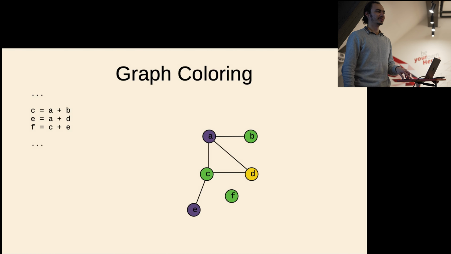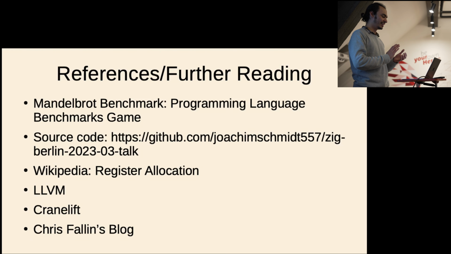This is only a basic overview of register allocation. There is much more. If you're interested, you can check out the Wikipedia article for that. LLVM and Cranelift have register allocators. Chris Fallin works on Cranelift and has an excellent blog series on there.